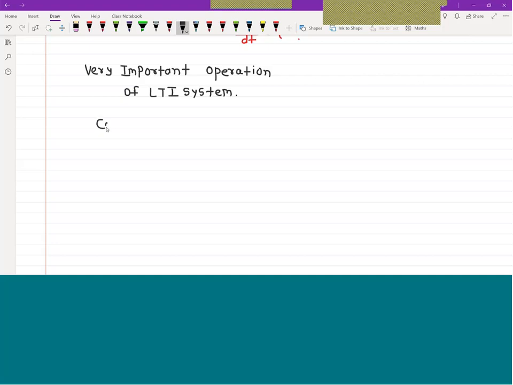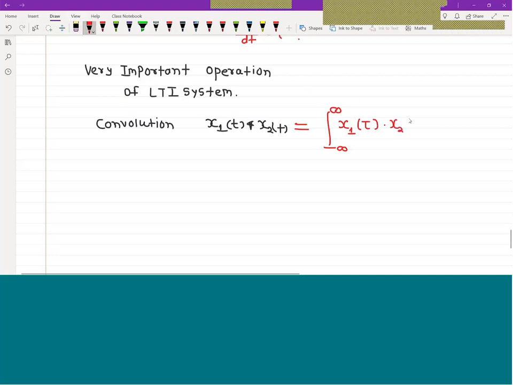That operation is known as convolution, and you can define convolution as x1 of t convolution with x2 of t can be written as integral from minus infinity to infinity of x1 of tau into x2 of t minus tau into d tau.